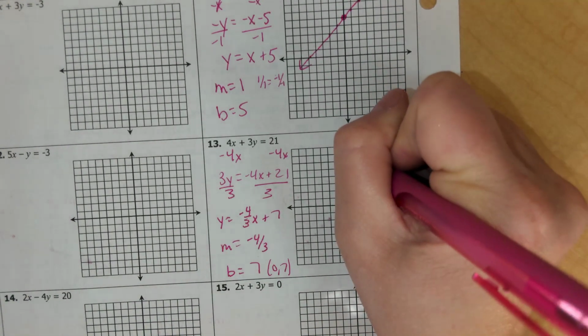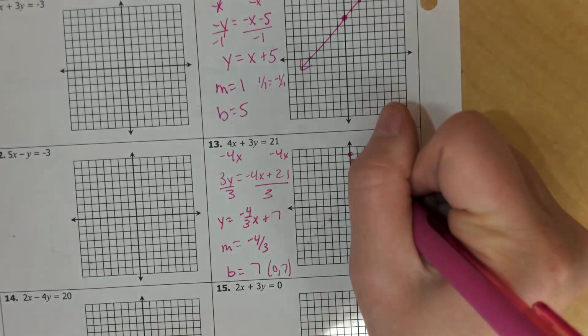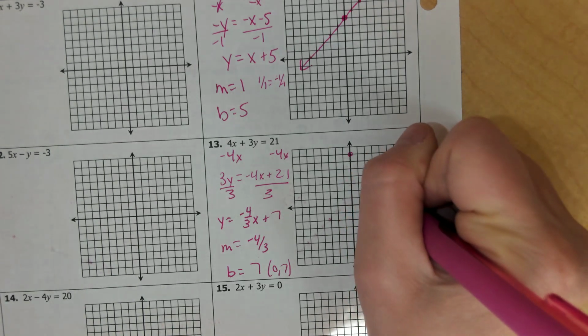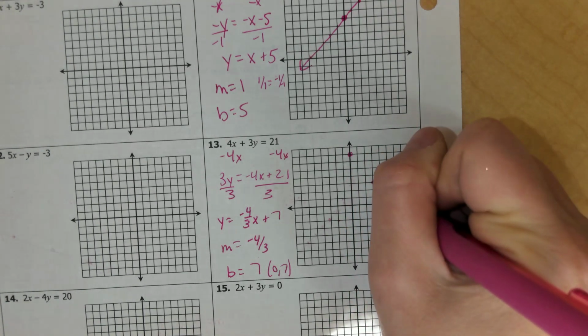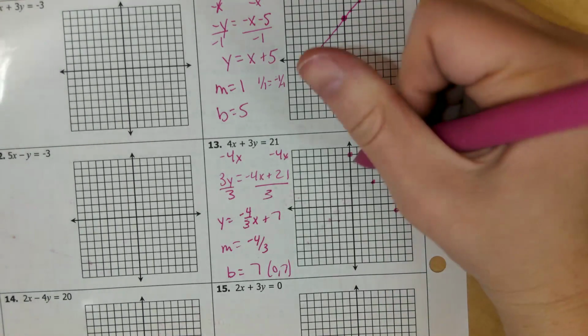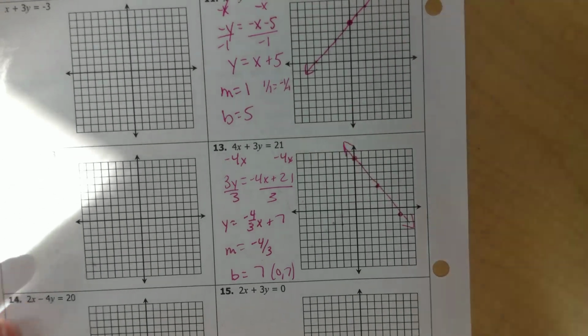So I'm going to put my point right here at 7, and then I'm going to go down 4 and to the right 3, and then down 4 and to the right 3, and I've got enough points to connect my line. Don't forget your arrows.